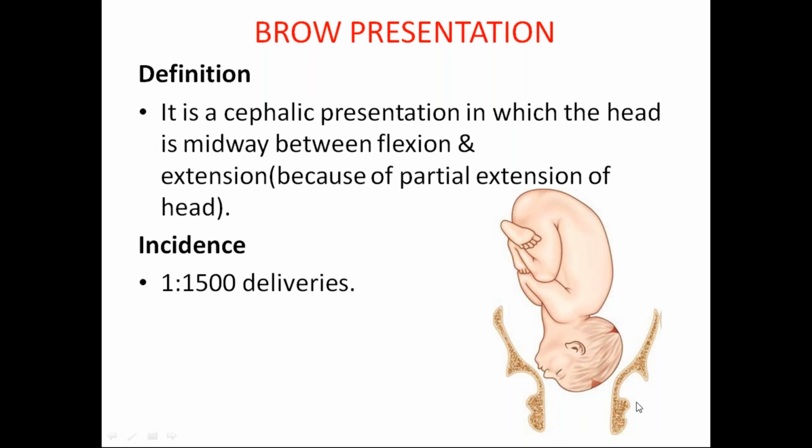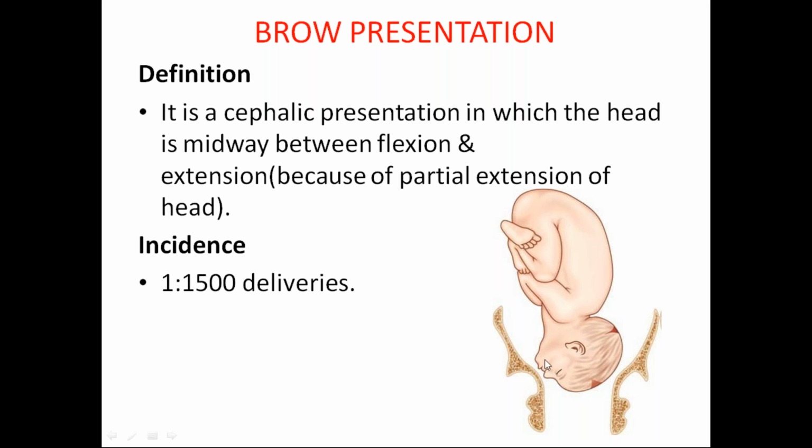When they examine per abdomen, they feel the head only, and even when they do a PV, they feel only the head. They are not vigilant enough to look for the orbital margins, the root of the nose and other things. They just do a PV, find the head, and think it is cephalic, vertex presentation, you can proceed.